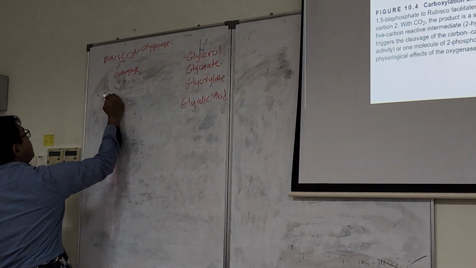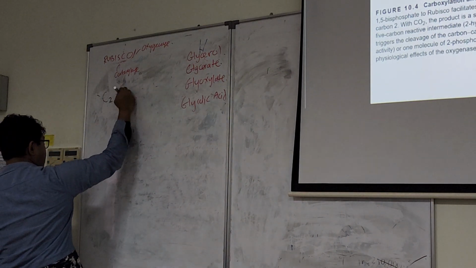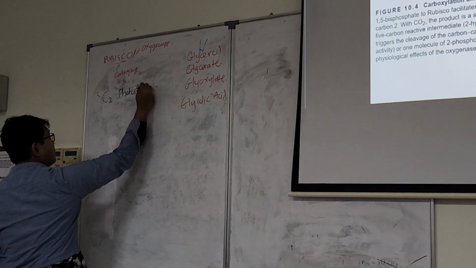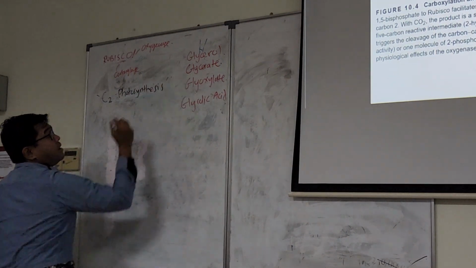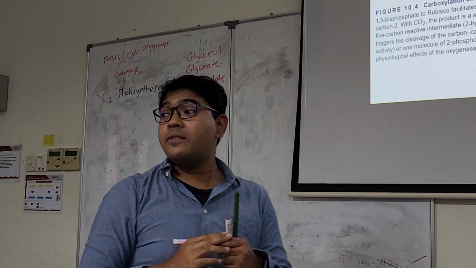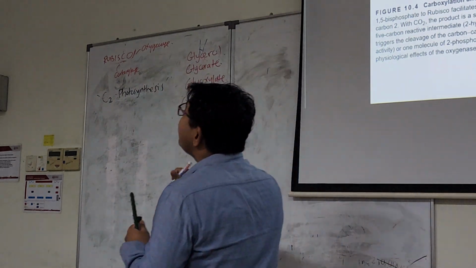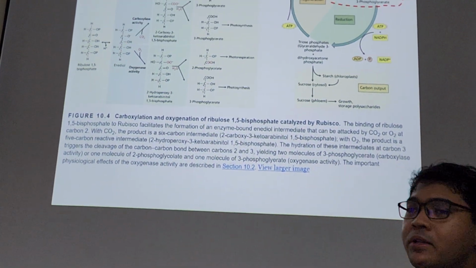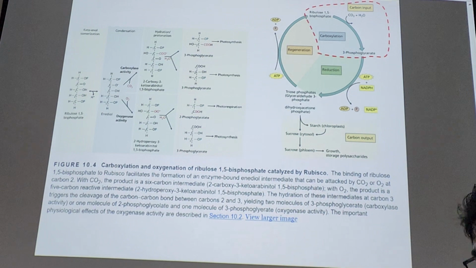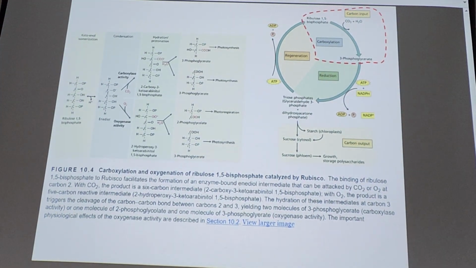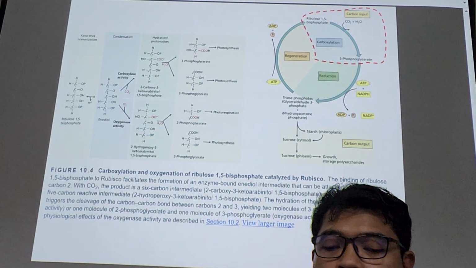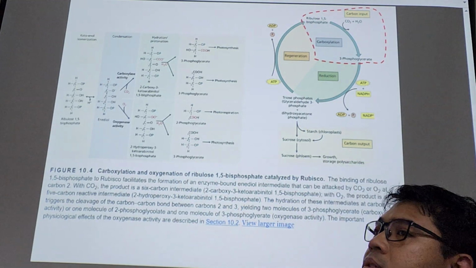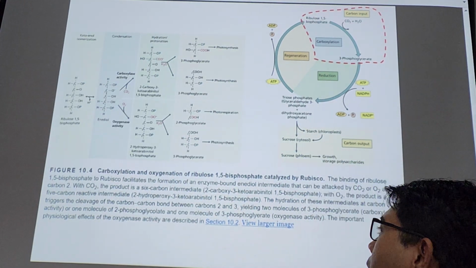We call it the C2 photosynthesis. You learn about C3, C4, and CAM photosynthesis, right? That's another one, C2 photosynthesis. Who is the C2 photosynthesis? This thing, photorespiration. So photorespiration is actually the C2 photosynthesis. Is it really photosynthesis? No, it's actually a carbon salvage pathway, right?